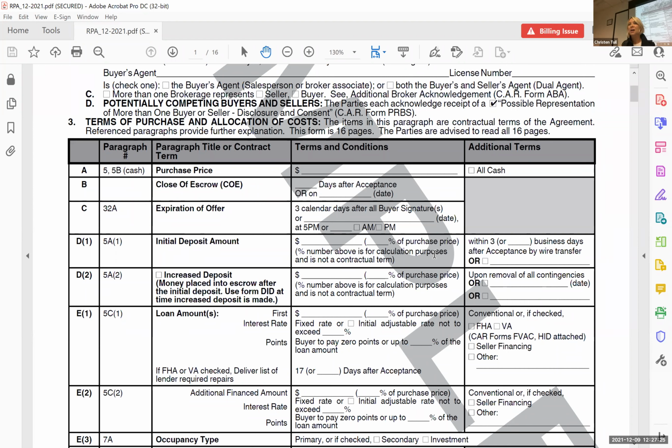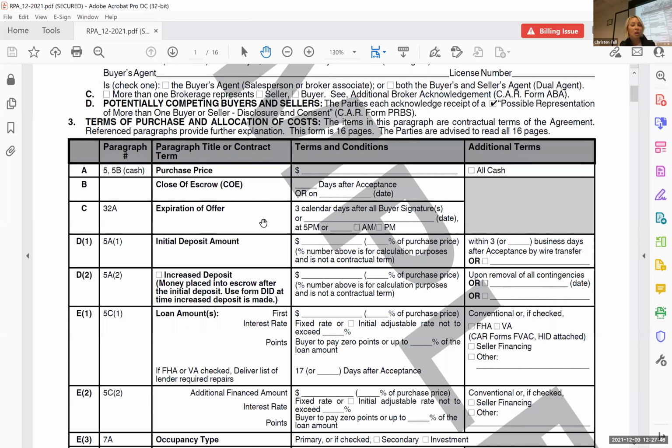We have a liquidated damages clause in our contract that stipulates that the seller cannot go for more money than is offered in this initial deposit. The initial deposit is also referred to as earnest money deposit, EMD, so it has a lot of names.